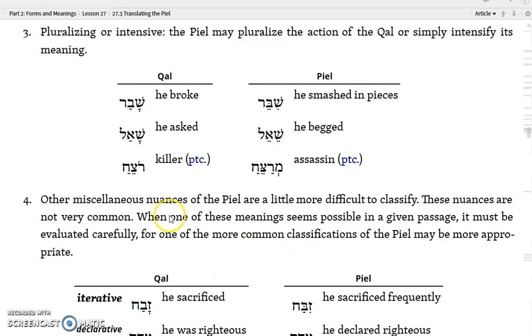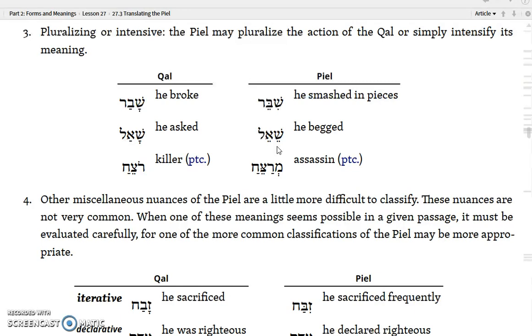Well, anyway, with the Qal, he gives you some examples. Shavar means he broke. Shibber means he smashed into pieces. He broke again and again, and broke it until it was lots of pieces. Sha'al is he asked. Shi'el means he begged.